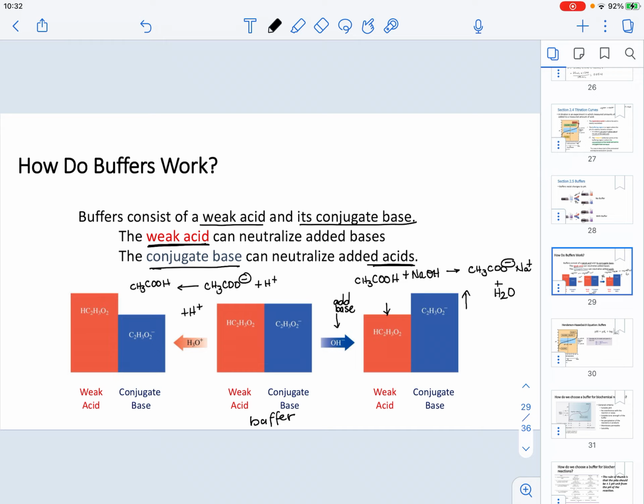So that's why, if acid is added to the system, we're going to see a decrease in the acetate because it is reacting with the incoming acid, and an increase in the weak acid that we have. So understand that's how the buffer works in order to resist changes in pH.